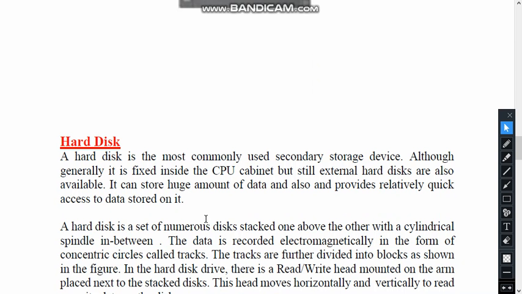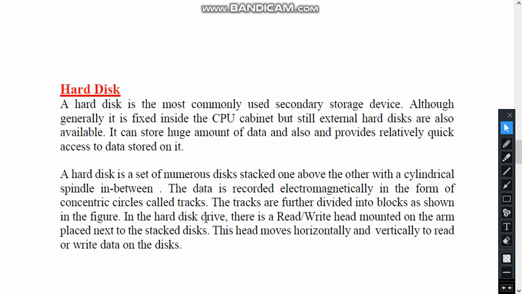Most of the time the hard disk is already fixed inside the CPU cabinet, but still we use some external hard disks which are available in the market. Here we can store a huge amount of data and also it provides relatively quick access to the data stored on it.